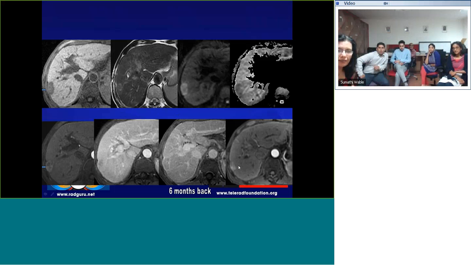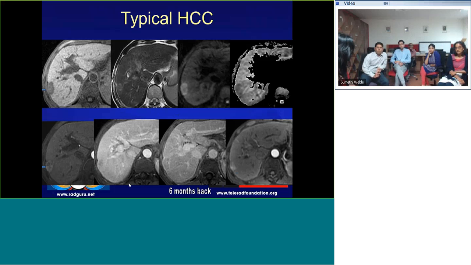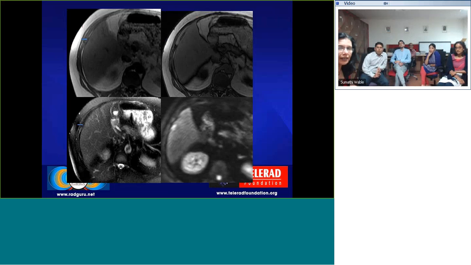Another criterion for calling HCC is visible growth. Obviously, cirrhotic nodules typically do not get larger in size. So 6 months back, this lesion definitely looks smaller than it looks now. So this is something you would call a category 5 or a typical HCC, right?